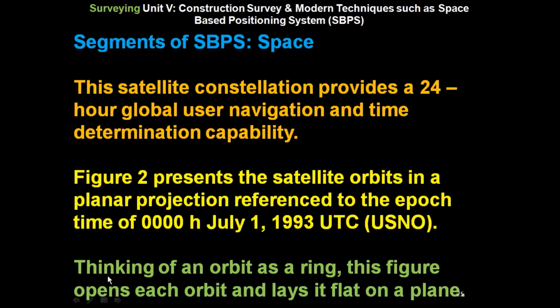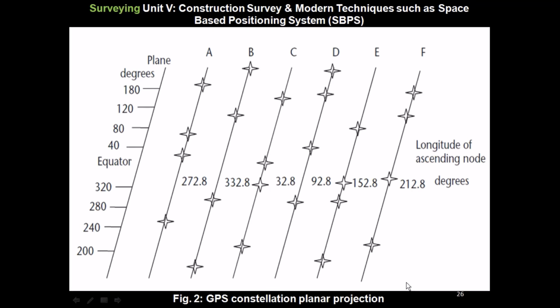Thinking of an orbit as a ring, this figure opens each orbit and lays it flat on a plane. So this figure 2 shows the GPS constellation planar projection. So this is the equator, with planes at 40, 80, 120, 180, 320, 280, 240, 200 degrees.